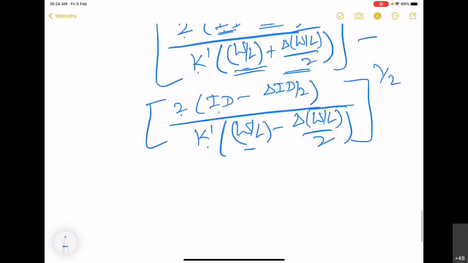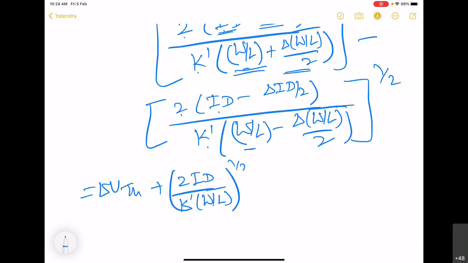So when we do that, we get square root of 2 ID by K dash W by L, into, now this will be 1 minus delta ID by 2 ID.